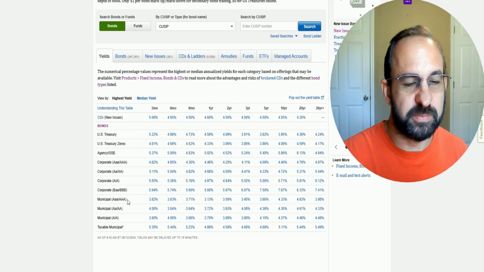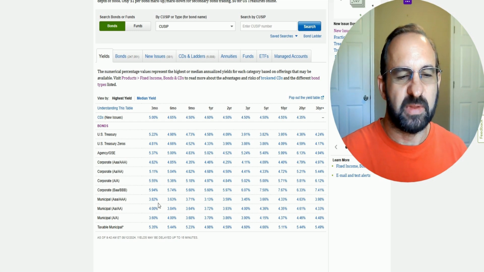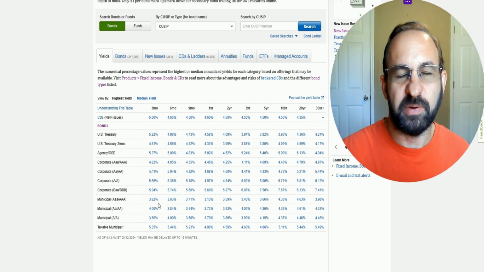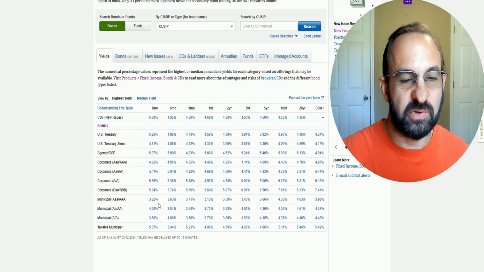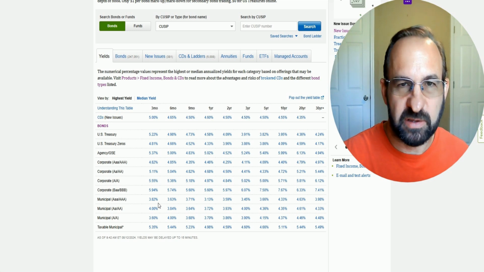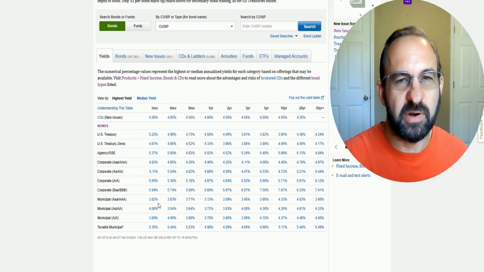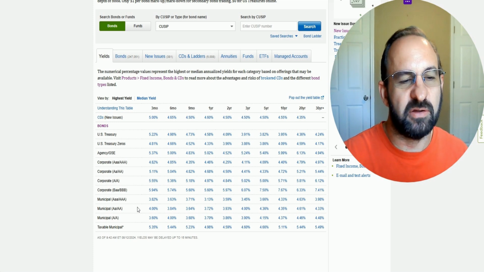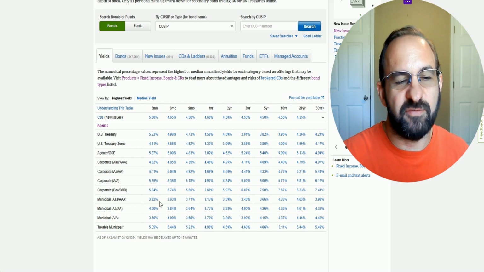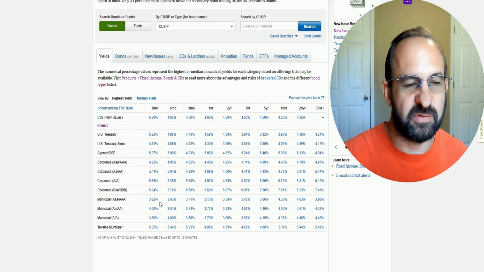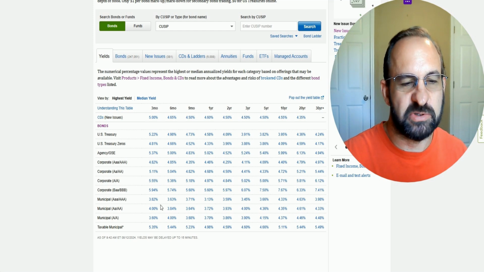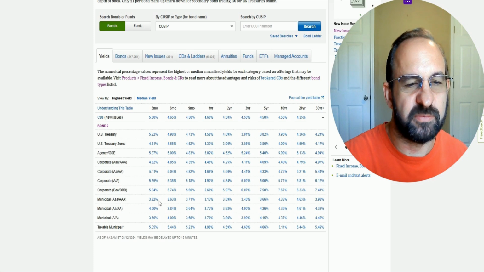Muni bonds, municipals, right now at 3.82 for a 3 month, you do not have to pay federal taxes, but you will have to pay state taxes depending if you get that muni bond in your state or not. And again, look on each one of these before you buy it to look up that information, and if you have questions, call Fidelity or whoever to make sure before you purchase something you don't understand for tax purposes.